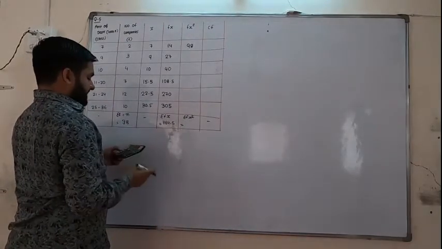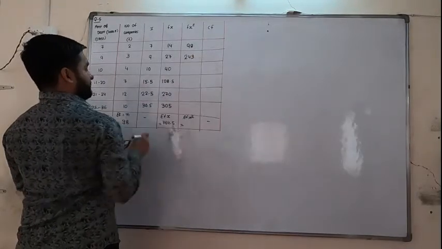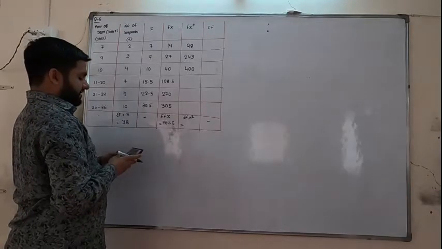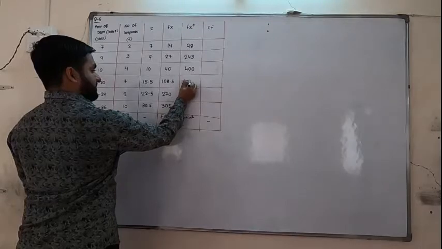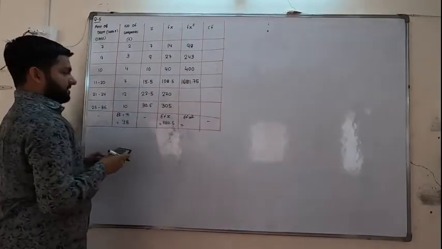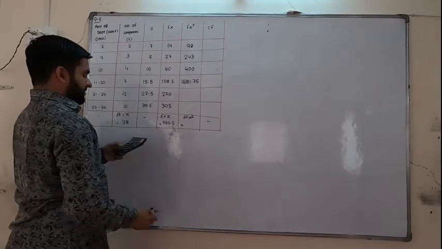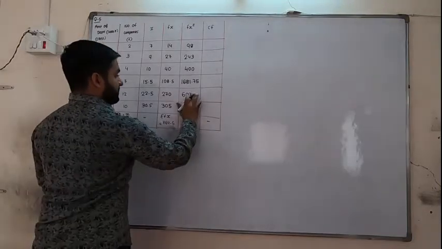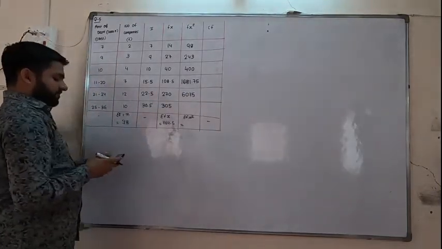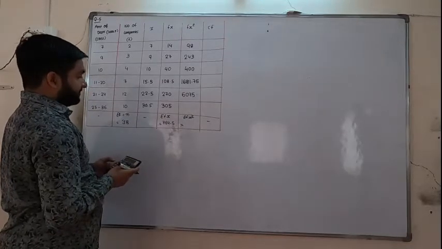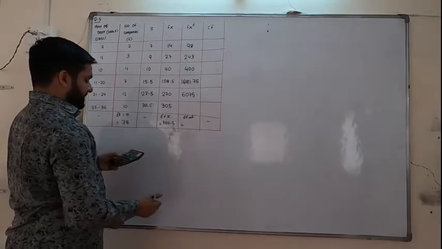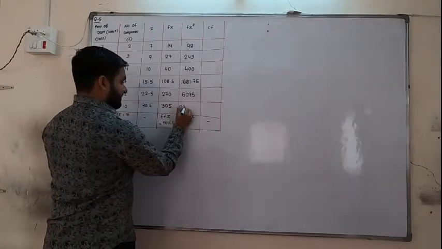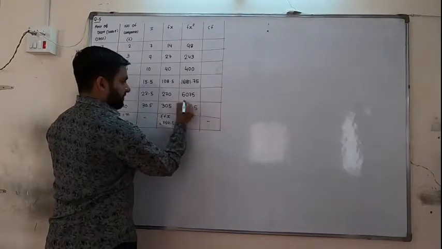Okay, fx square. 14 sevens are 98. 27 9s are 243. 40 tens are 400. 15.5 into 108.5 is 1681.75. 22.5 into 270 is 6075. 30.5 into 305 is 9302.5.